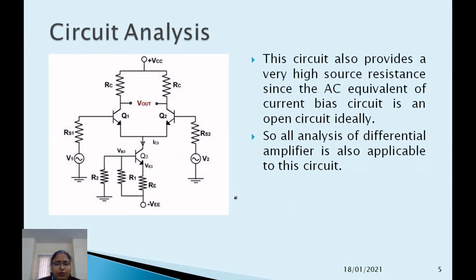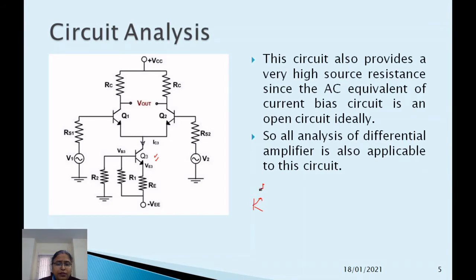As I have already told you, transistor Q3 is called the constant current transistor, and it is connected to these R2, R1 and RE like this.